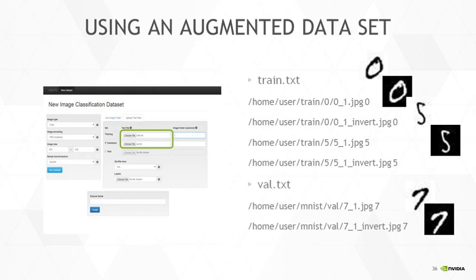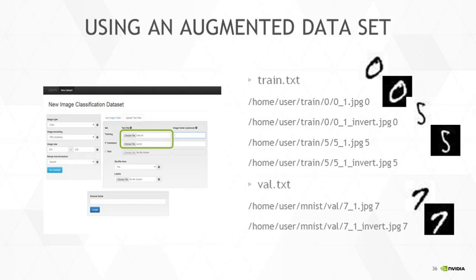If you augment your data, you can still use DIGITS for it. One thing to keep in mind is that when you augment your data, you'll have this whole data set. In the example here, I have two versions of each image: my original and an inverted copy.